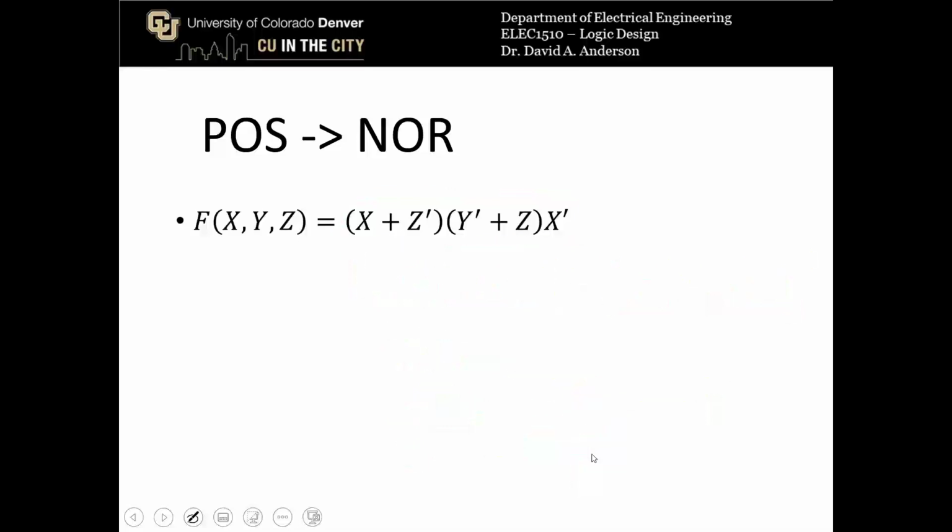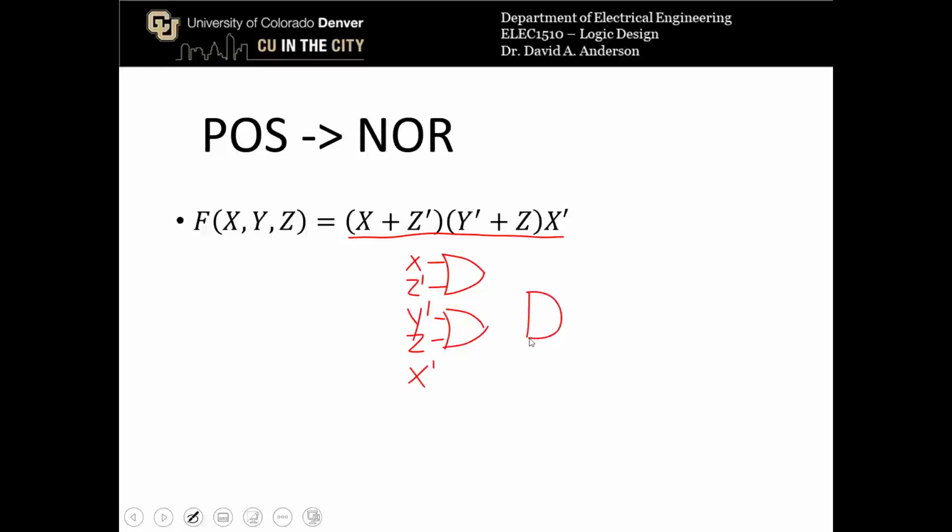If I want to do that same thing visually, I can draw out this circuit in its normal product of sums form. So that means that x and z' are inputs to an OR gate. y' and z are inputs to an OR gate. And x' is on its own.